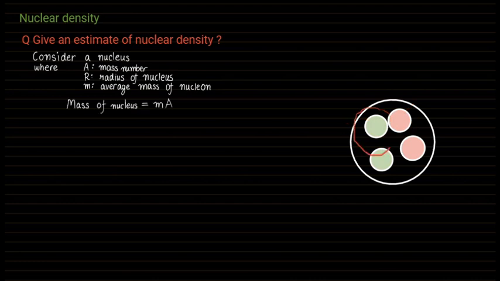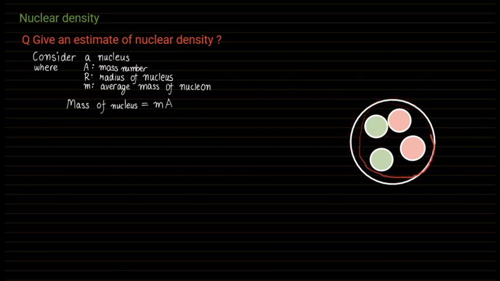So if the mass of the individual nucleon is given by m, and there are in total A number of nucleons, then what will be the total mass of the nucleus? The total mass of the nucleus can be given as the product of the individual mass multiplied by the total number of nucleons.